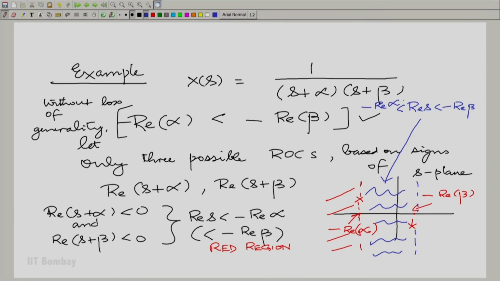And finally, we have the third possible region where I could shade it in green, and this corresponds to real part of s greater than minus real part of beta.